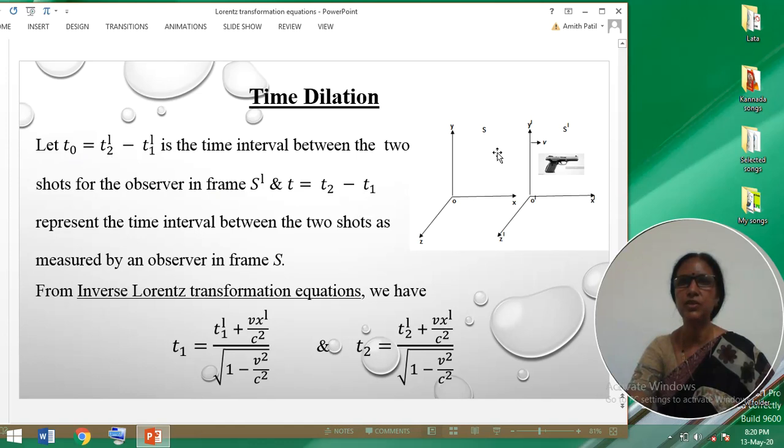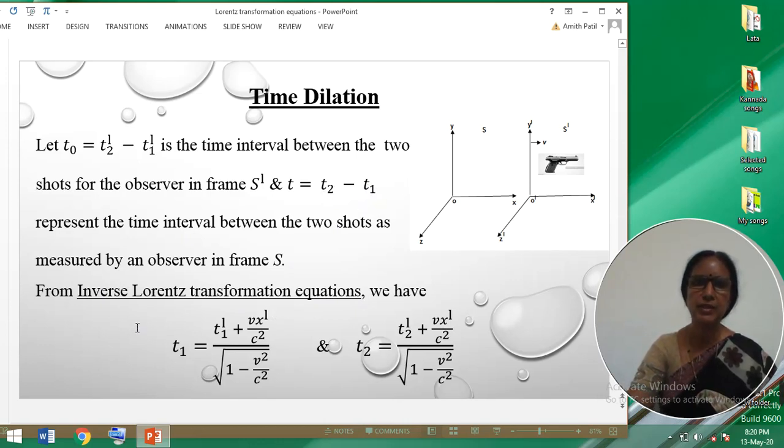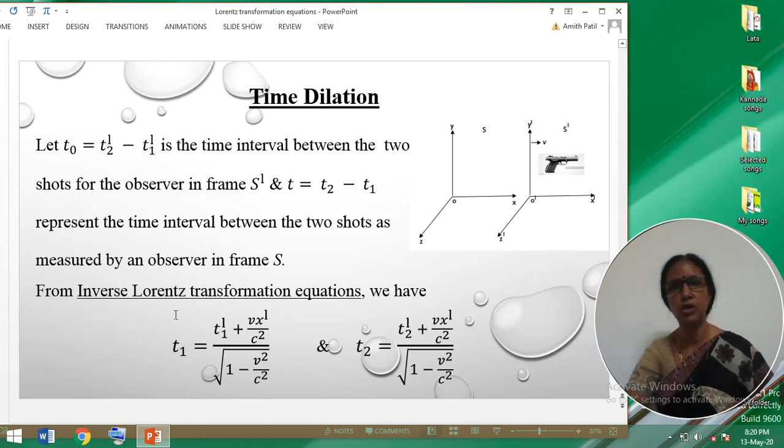Similarly, with reference to frame S, the time interval can be written as t2 minus t1. Now consider inverse Lorentz transformation equations for writing the coordinates of t1 and t2. Now students, you may be thinking why the inverse Lorentz transformation equation, and why not the Lorentz transformation equations as in the case of length contraction?